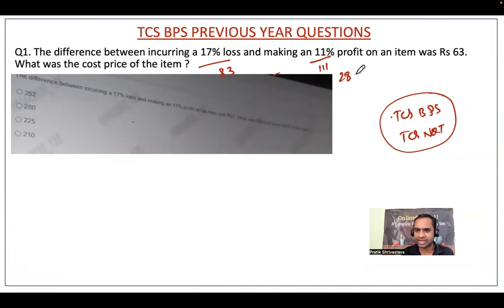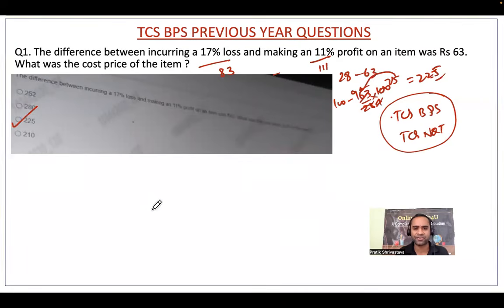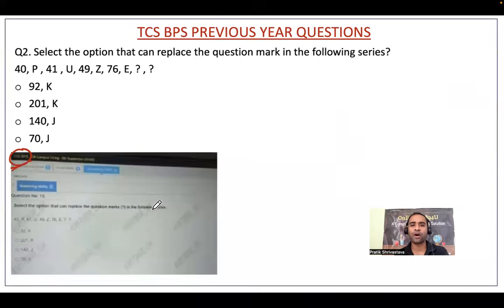The difference is 28. 28 is nothing but 63, so 100 will be 63 by 28 into 100, and this will be 225, right? Because 5 into 9 will be 45, so at the end you will be having 5. That's all. 30 to 40 seconds is more than sufficient to solve the question in the examination, only if you know the techniques, how to approach.